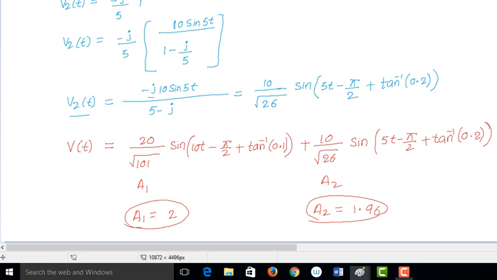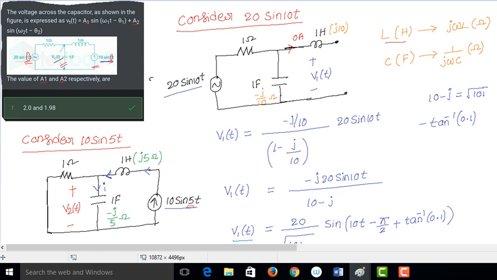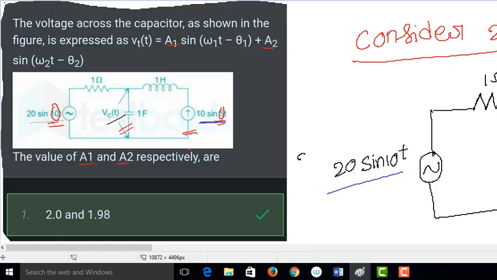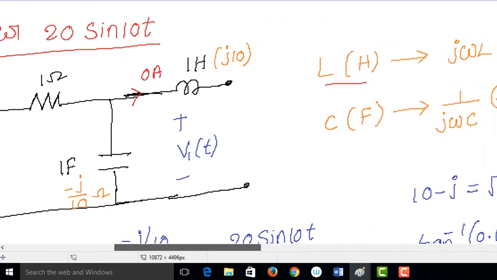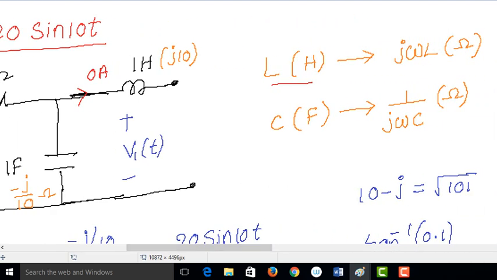In this problem, what are the things we should focus on? First, two different sources with different frequencies are given, so we need to apply the superposition theorem. That is one point you have to remember. The second point: whatever inductors or capacitors are in the problem, first convert them into resistance form.